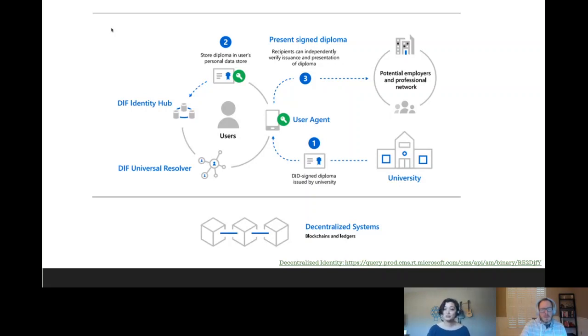And they would do that by using the university's public key to verify that it is an accurate and valid thing that Alice has presented. So in this scenario, you can see all of these components working together to allow Alice, the user, to control how that data gets shared. And the best part about it all is that it's done independently of the university.